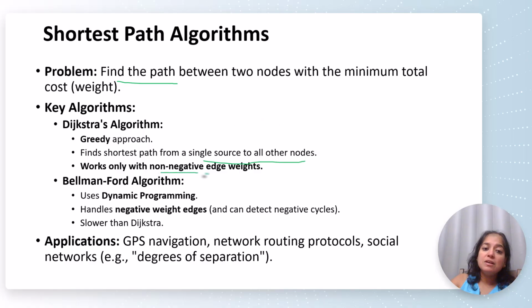It works with non-negative edge weights. On the other hand, the Bellman-Ford algorithm uses dynamic programming. We will discuss what greedy approach and dynamic programming mean. It can handle negative weights as well, and it can detect negative cycles, but it is slower than Dijkstra. Again, there are a number of applications of shortest path algorithms like GPS navigation, network routing protocols, social networks, and all.